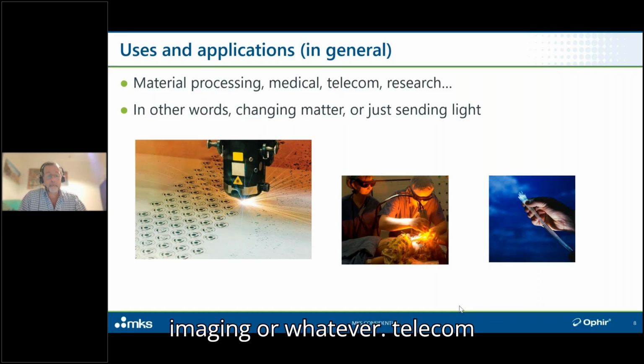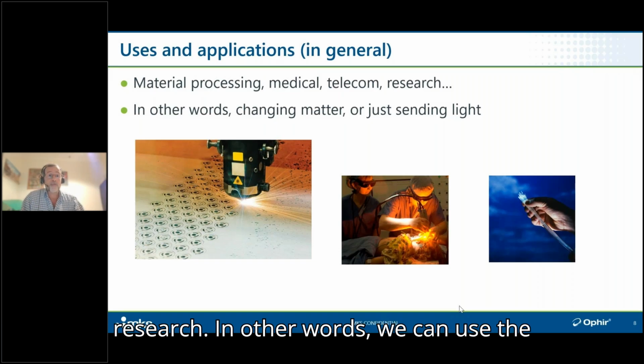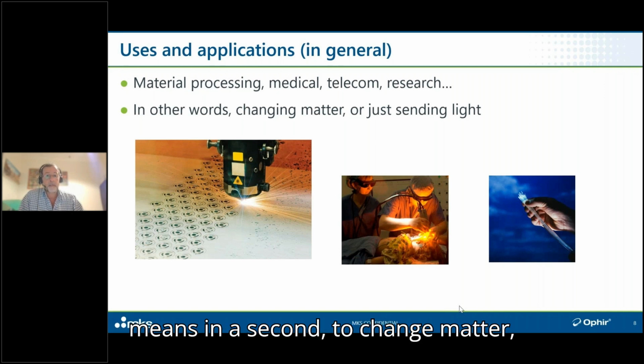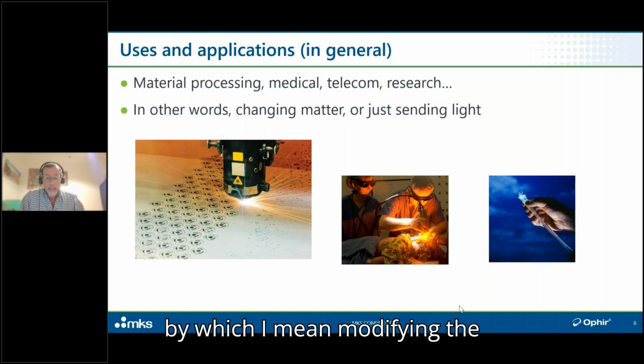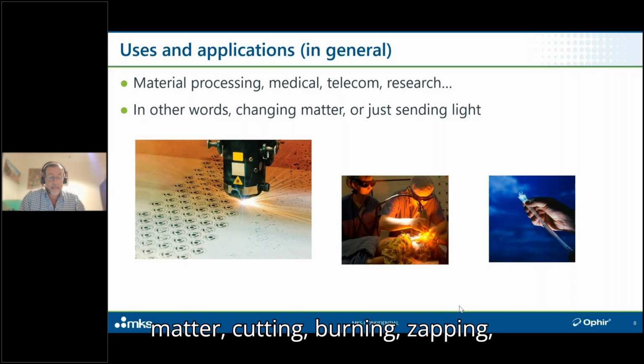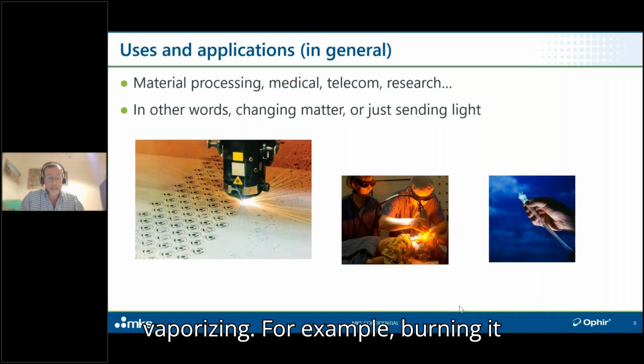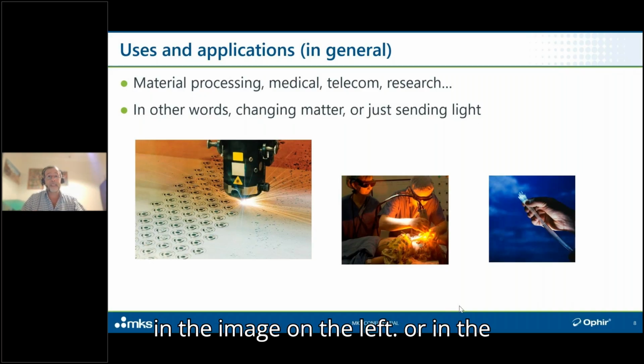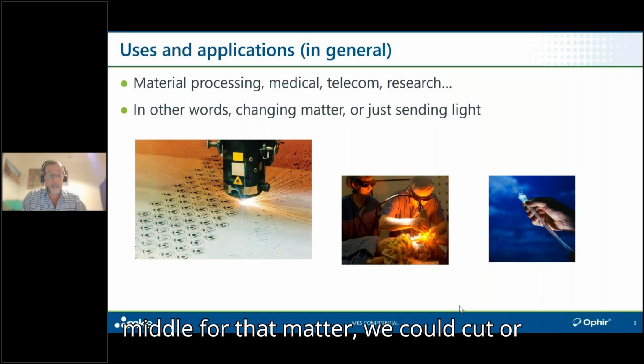For example, burning it selectively to cut or drill, as you see in the image on the left, or in the middle for that matter. We could cut or drill industrial components. We could cut or drill tissue in a surgical application, or melt it selectively for additive manufacturing applications, or selectively expose photoresist to create patterns on silicon wafers and produce microchips.